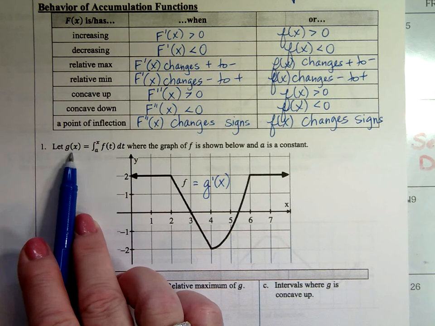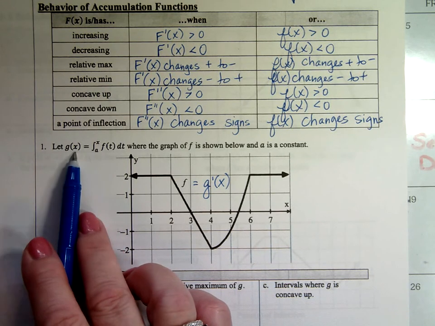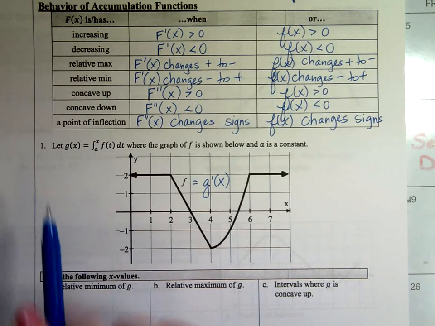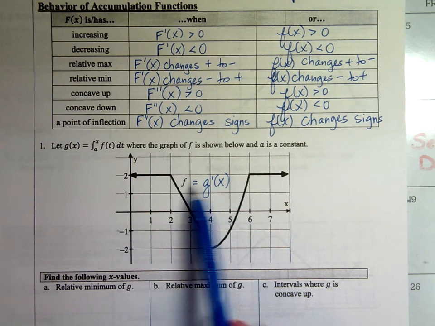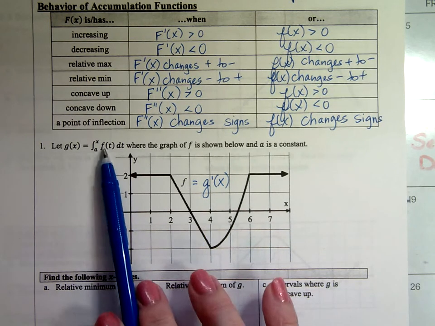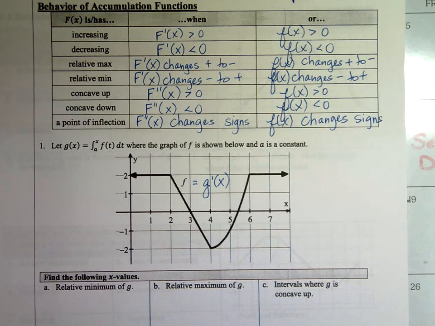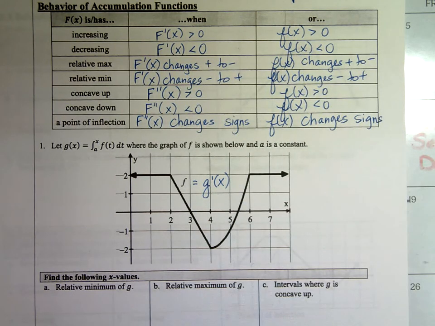Remember that they're inverses of each other, so the derivative and the integral undo each other, so you're left with just what f is. So you're really looking at f, which is g prime of x.